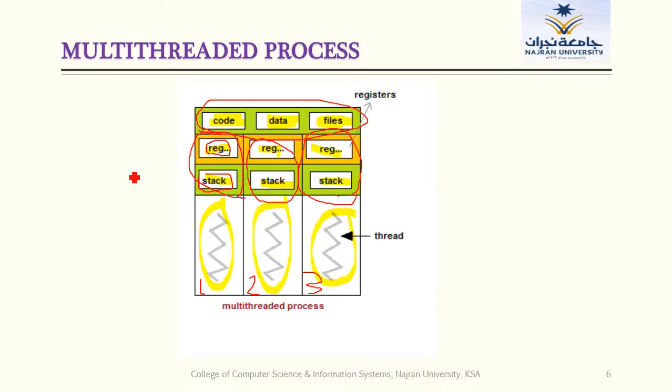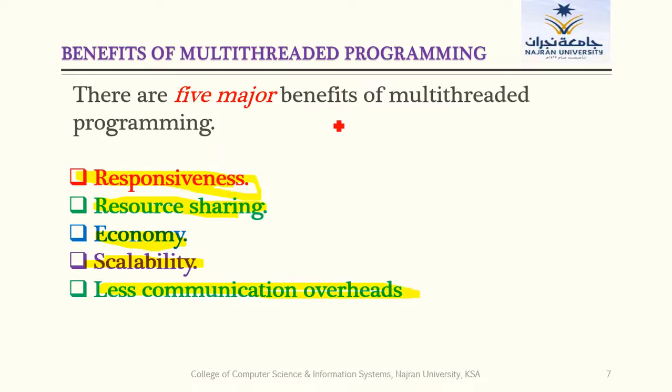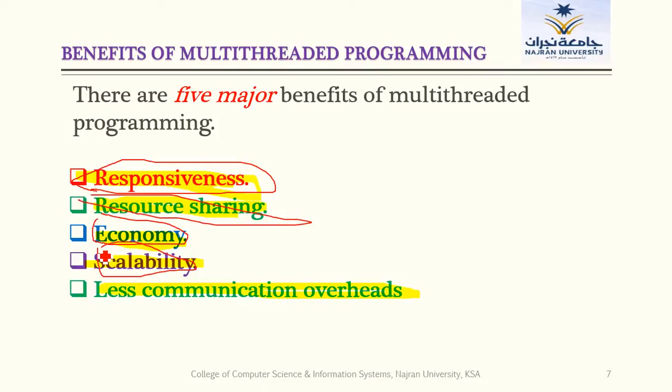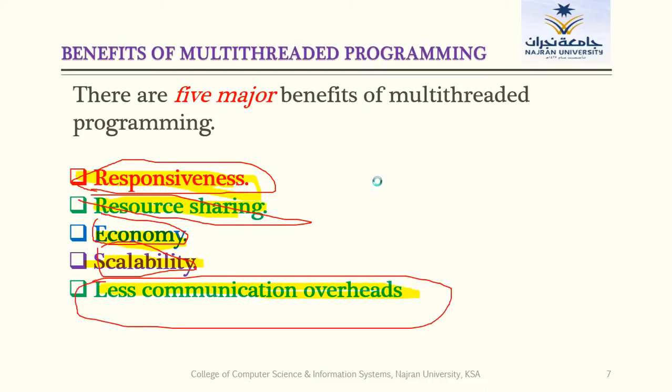So we have discussed 5 main benefits of multi-threaded programming: responsiveness, resource sharing, economy, scalability, and less communication overhead. We discuss these one by one.